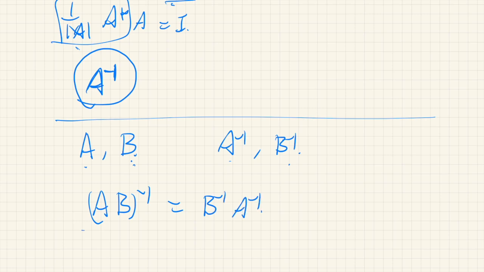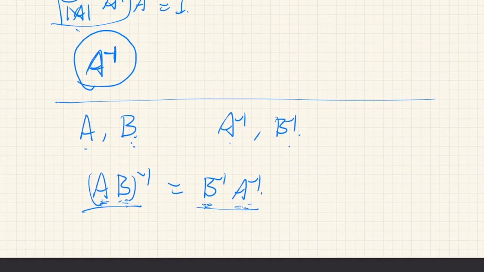The left-hand side means the inverse matrix of the product matrix AB, and the right-hand side means the product of inverse matrices, B inverse times A inverse. B inverse is on the left, A inverse is on the right. The order is opposite here.